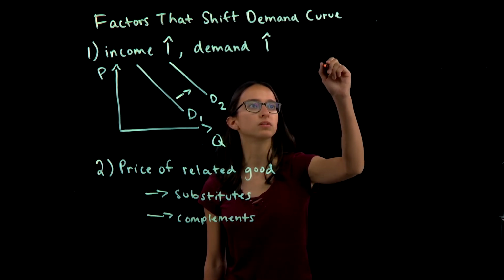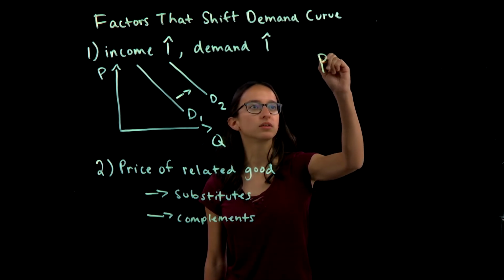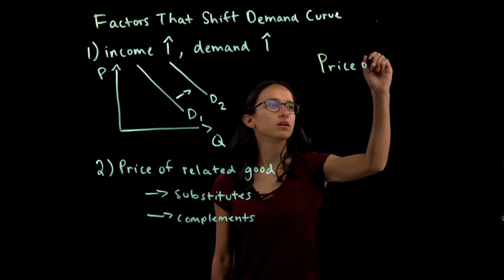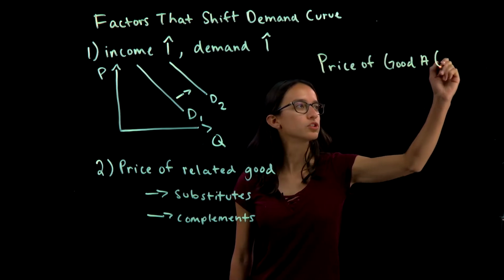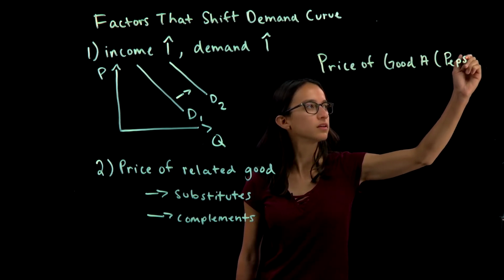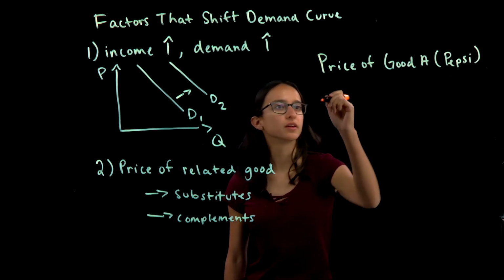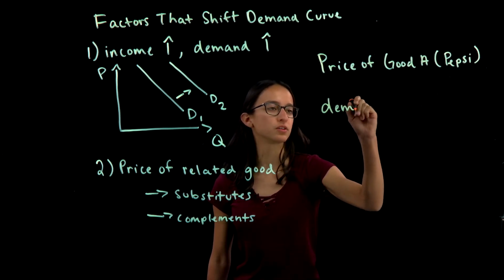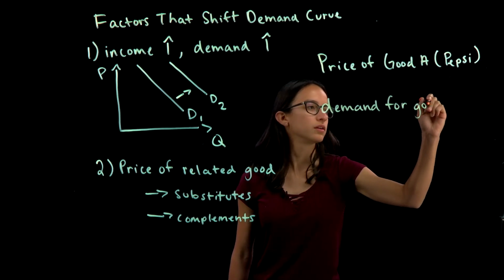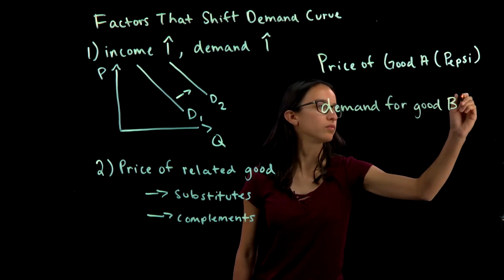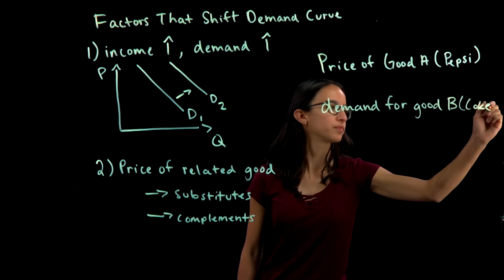So I'll use the price of good A, which in our case would be Pepsi, and that affects our demand for good B, which will be Coke in this case.